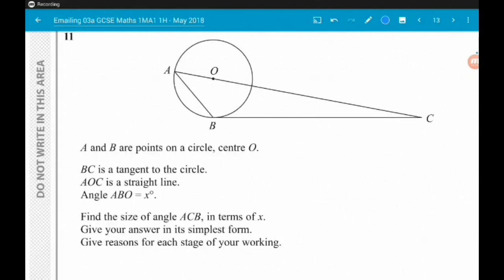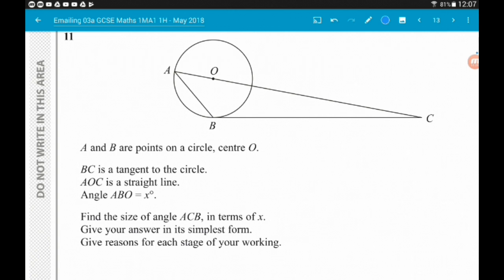Okay, question 11, we got a lovely 5 marker here. So, A and B are points on a circle, centre O. B, C, so the bottom line is a tangent to the circle. A, O, C is a straight line, so that diagonal line on top, if you like, is a straight line. Angle ABO is X degrees.